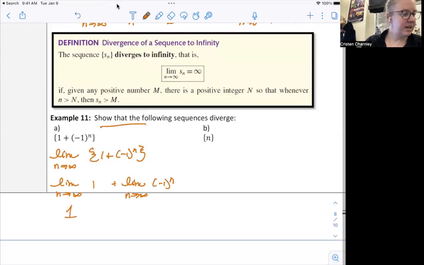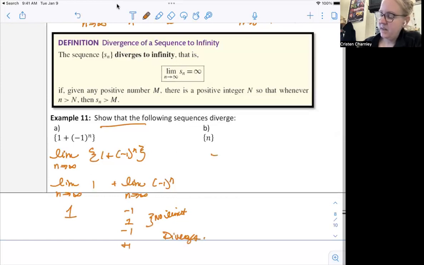For the second piece, they did it together in the textbook. Say we start with n equals 1, that's going to be a -1. And then it's a positive 1, and then it's a -1, and then it's a positive 1. It alternates back and forth. Because it doesn't approach any one limit, the sequence has no limit. Because it doesn't converge to any one thing, we say that it diverges.